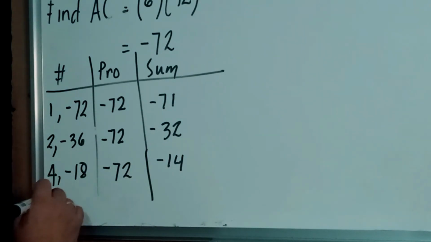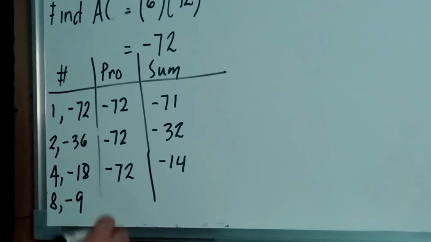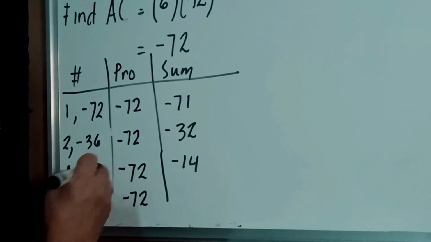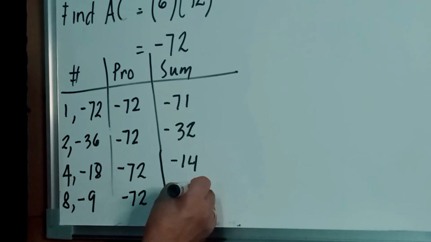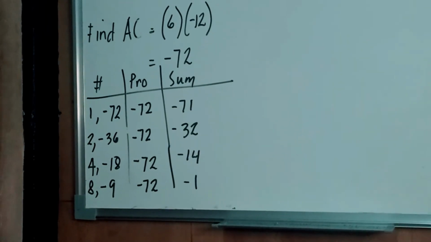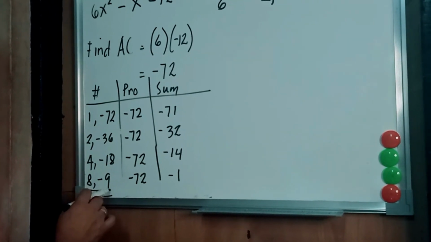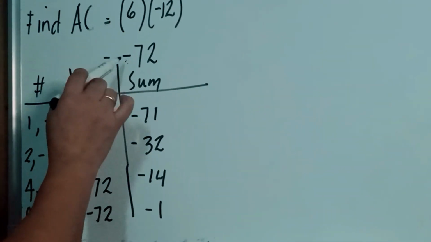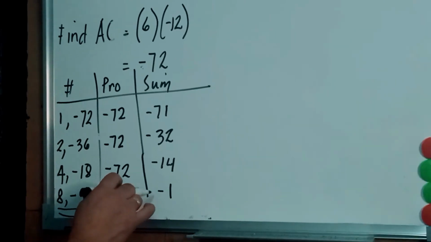Suppose we have 8 and negative 9. What is the product? It is negative 72. What is the sum? It is negative 1. So, this pair of numbers satisfies your AC, negative 72, and your B, which is negative 1.